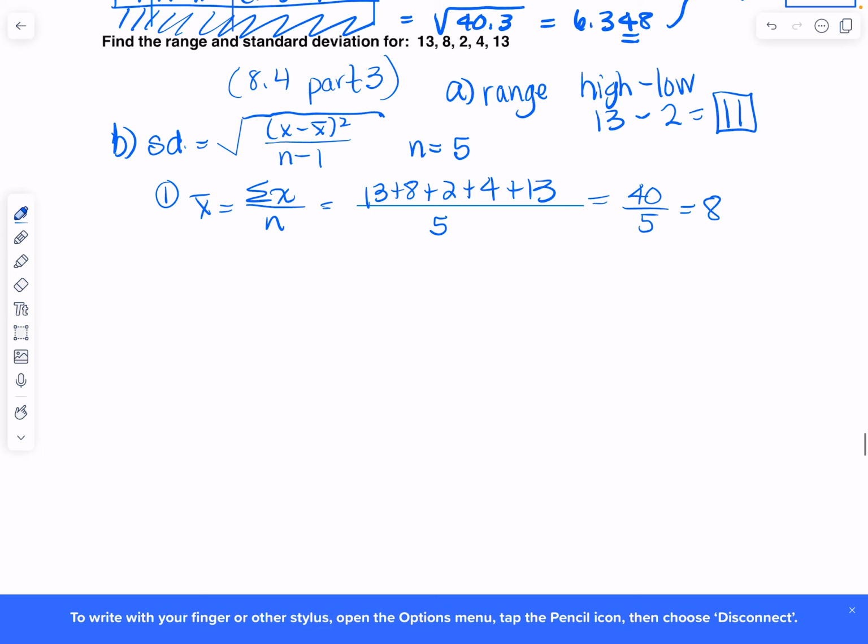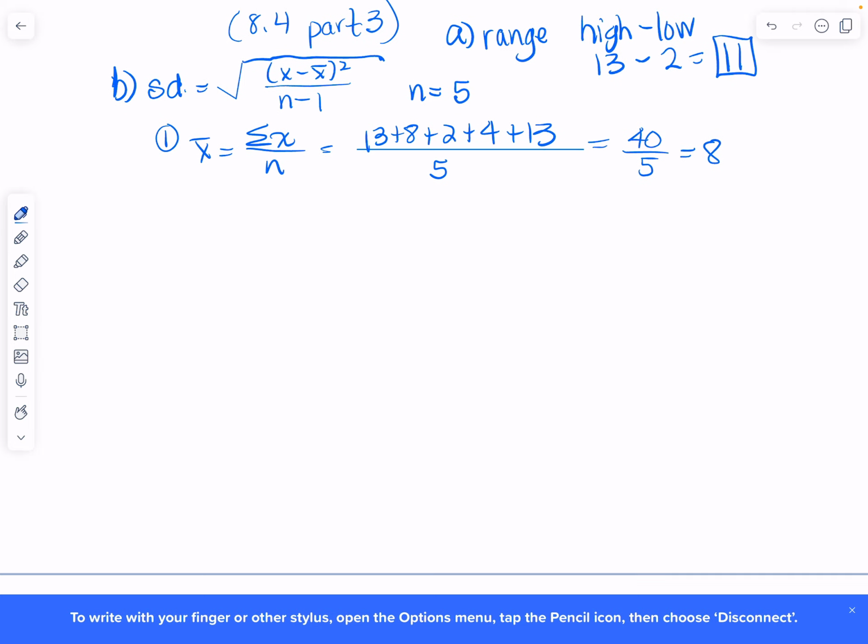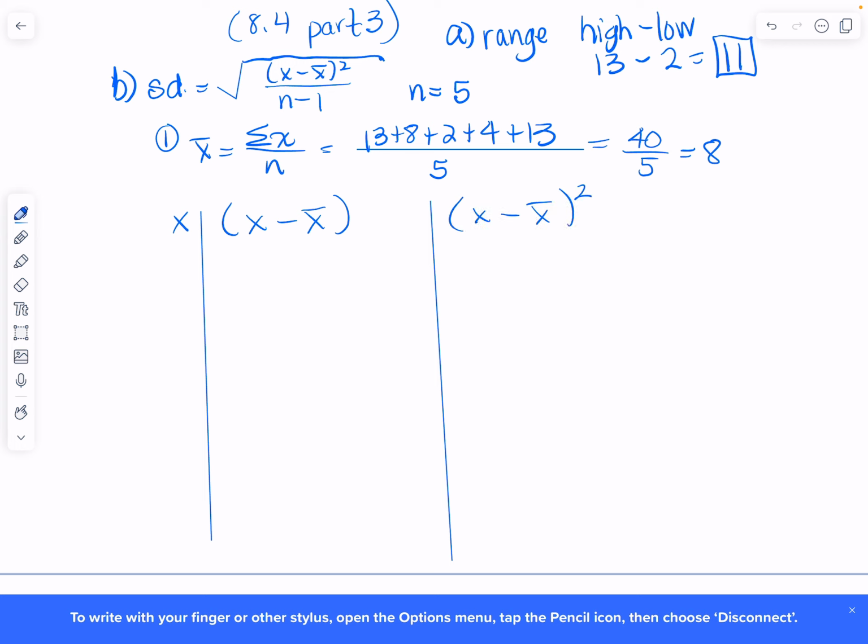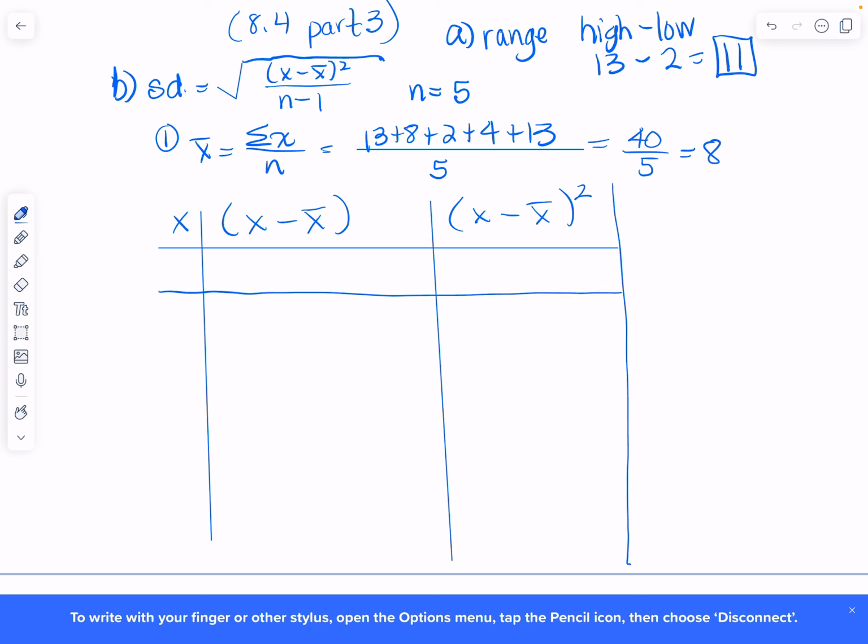Now my next step is to make a chart. So we're going to do x as the first column. That's my data points. Then I'm going to have x minus x bar, and then I'm going to leave some space, and I'm going to do x minus x bar squared. Okay. All right, so I made the chart. There's 5 different data points, so let me put that in there.